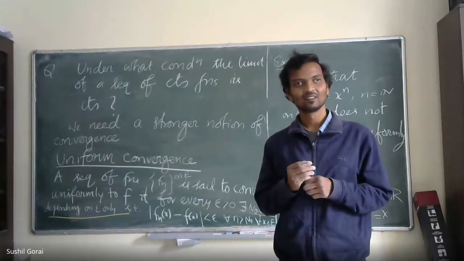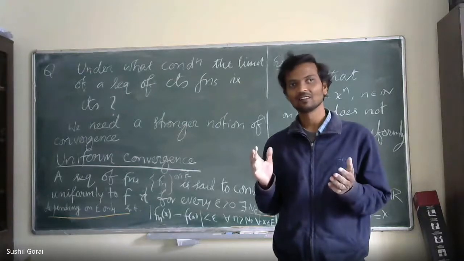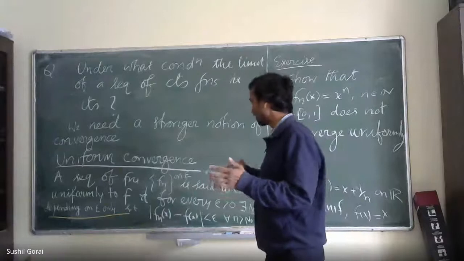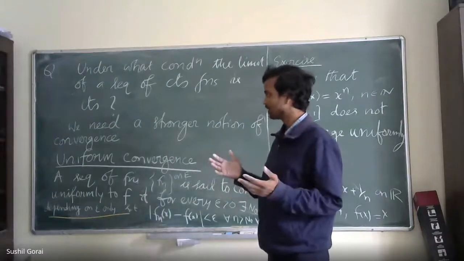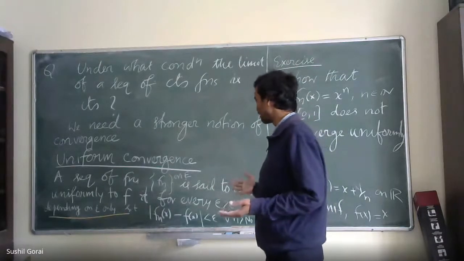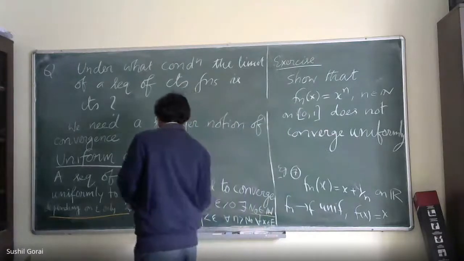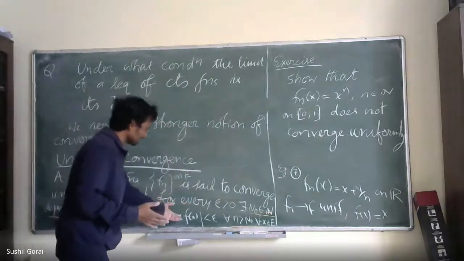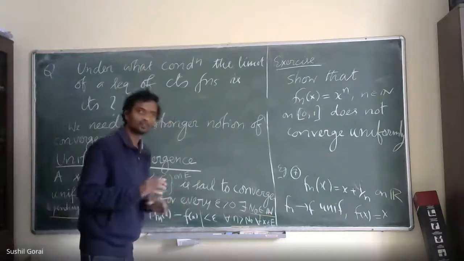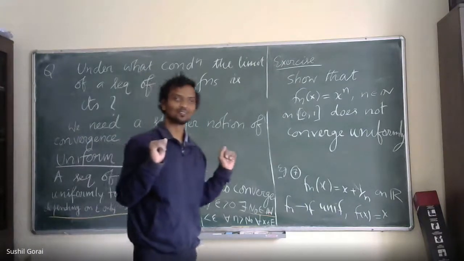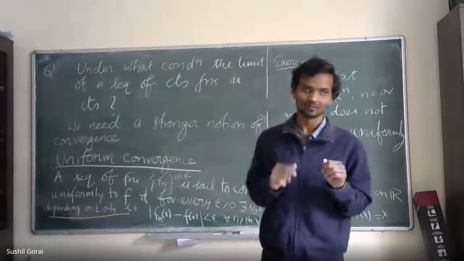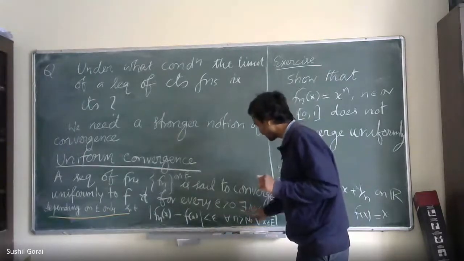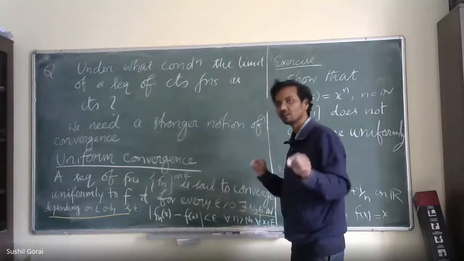The point is how the limit behaves, how the sequence behaves in the neighborhood of the limit, in some sense. Your question is very good, and that depends on this. This is very crucial.